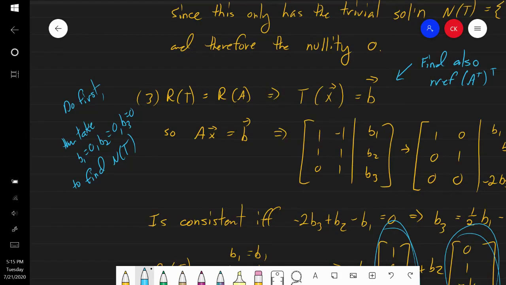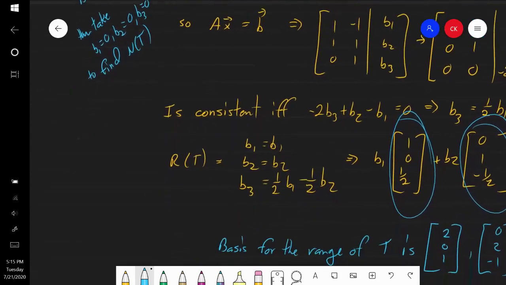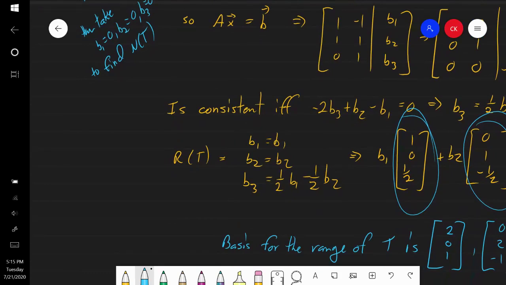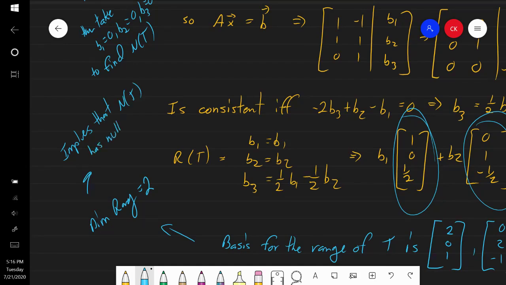And the last thing I'll point out here then is that we noted that the dimension of the range was equal to 2, which in that case implies, given our scenario, that the null space of T had a nullity or dimension 0, again, based on our specific scenario.